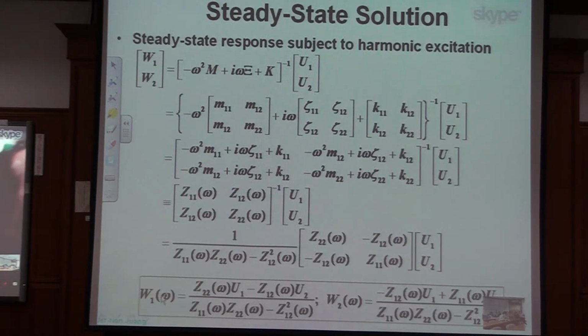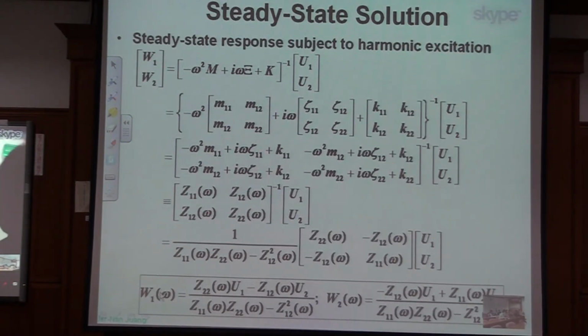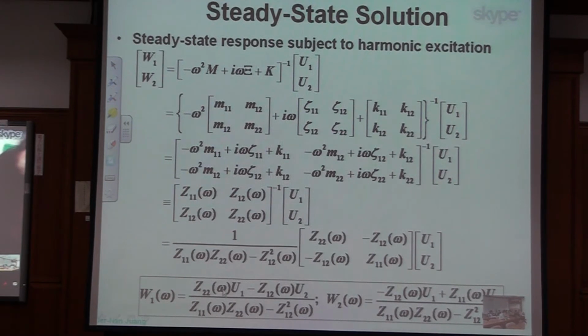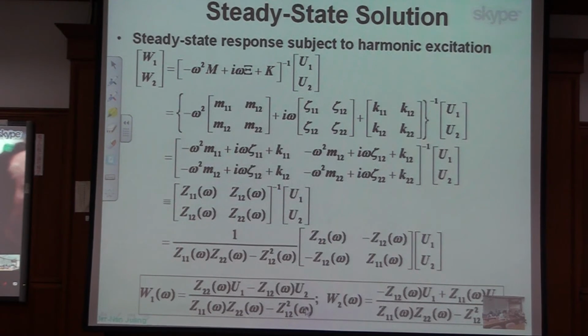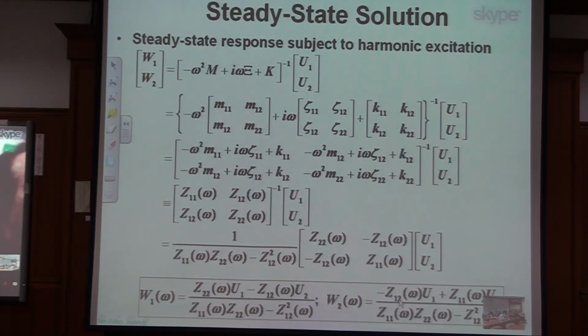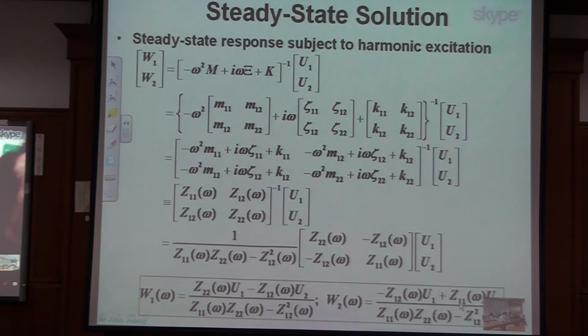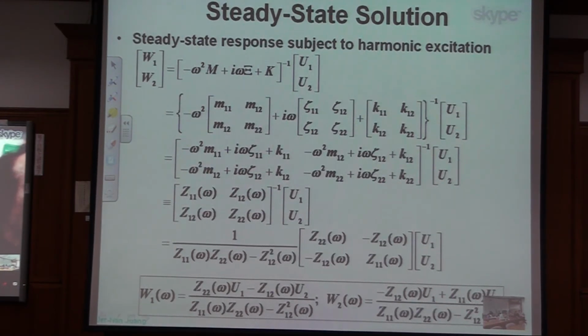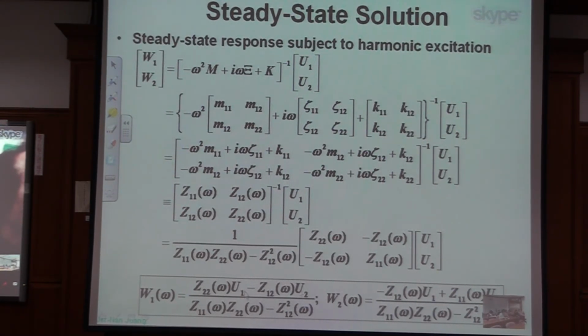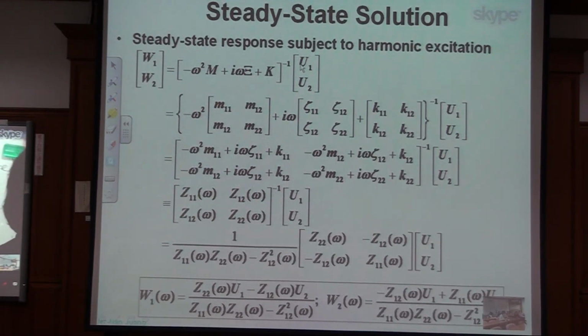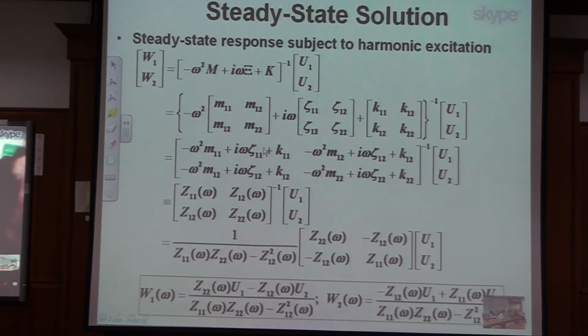So now here I have W1 equal to the first expression in U1 and U2, and W2 is equal to the second expression in U1 and U2. That gives you your W1, your W2, your U1, your U2.